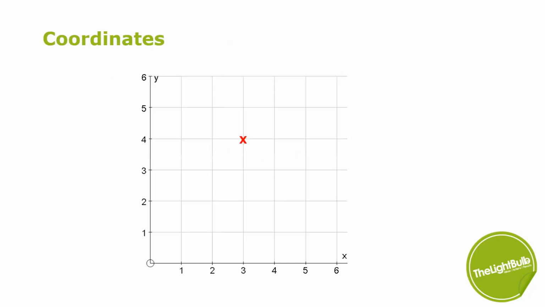Okay, so having a look at this X on the graph here, we've got the horizontal axis on the bottom, the vertical one going up the left-hand side. Let me give you a few seconds to have a think about this. What is the reference for that X just there? Let me give you 10 seconds.